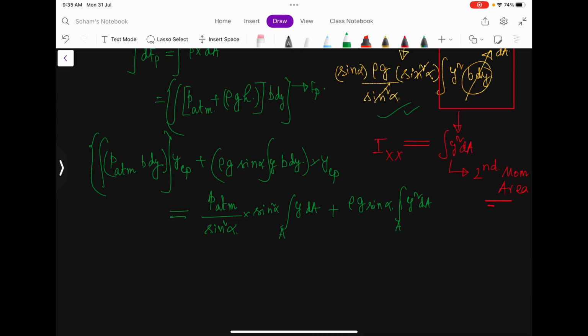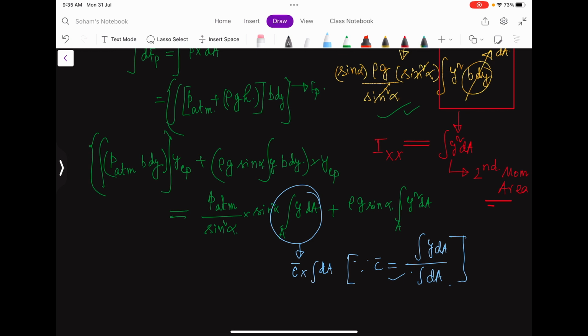During the calculation of the pressure force, I told you that this term is nothing but the centroid coordinate into the integral of dA, because the centroid coordinate is equal to integral of y dA by integral of dA.